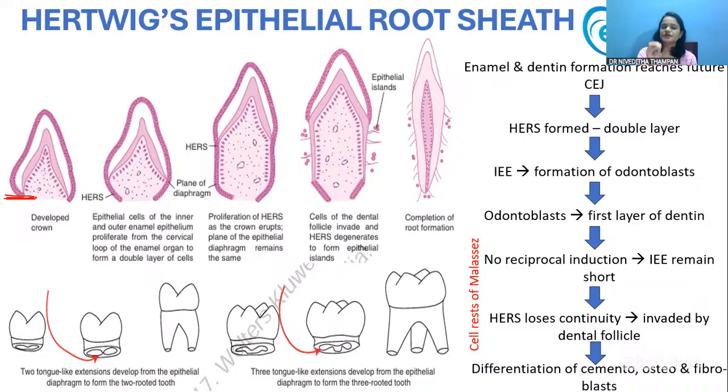It will only have two layers, the outer enamel epithelium and the inner enamel epithelium. No stellate reticulum and no stratum intermedium will be seen. That's the specialty of Hertwig's epithelial root sheath.